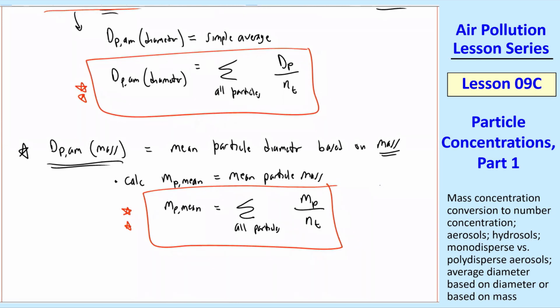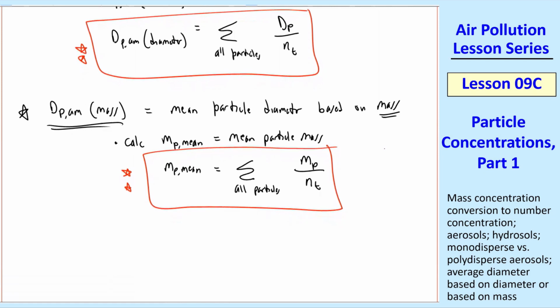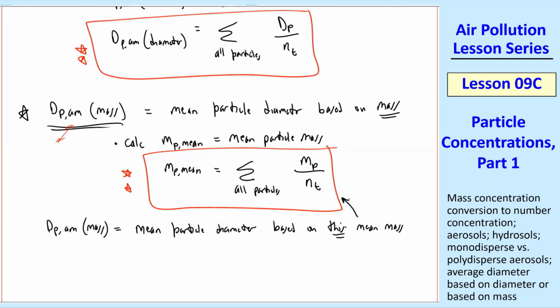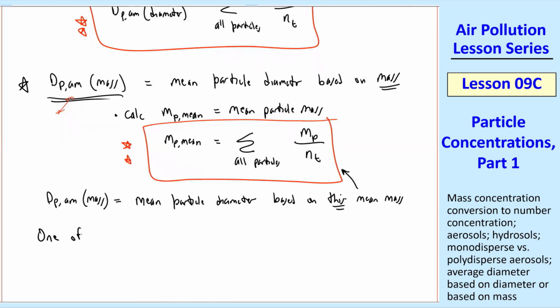And now we can use this to calculate our dpAM mass. So the question is, what is the diameter? This is the equivalent diameter that corresponds to this mean mass of a particle. So dpAM mass is the mean particle diameter based on this mean mass that we just defined. So consider one of these average particles. Now we're talking about a particle that has this mean mass that we defined here.